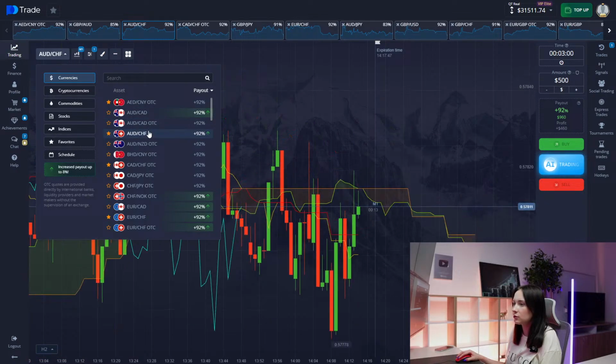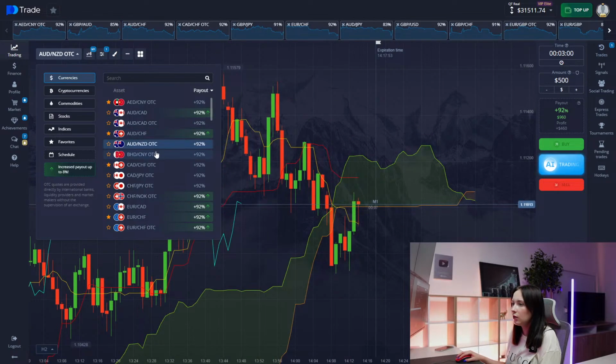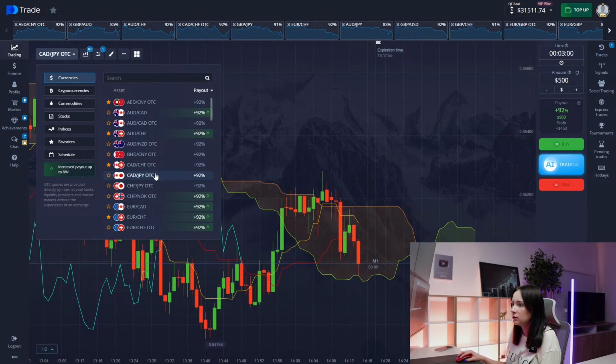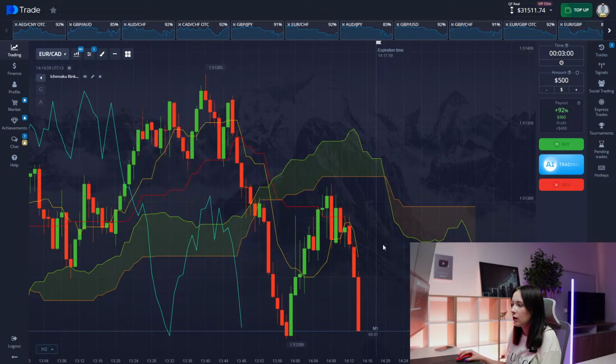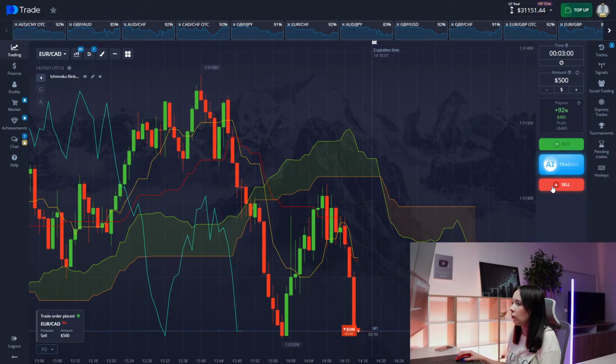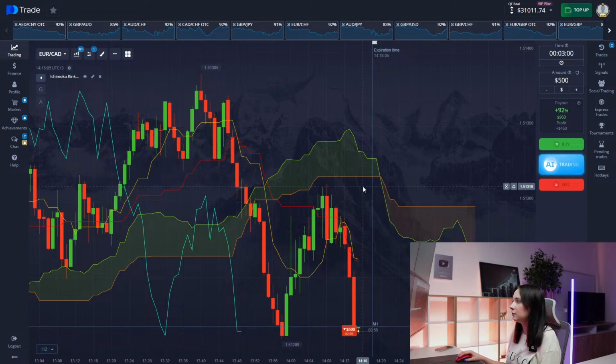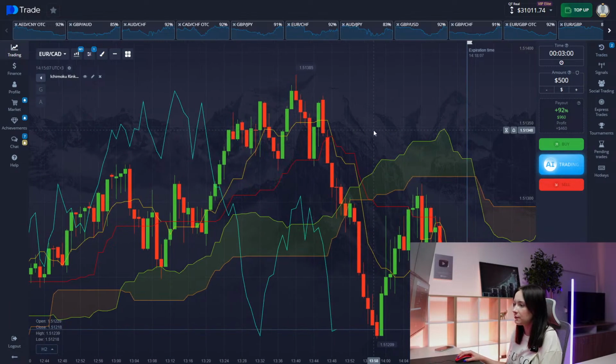So I'm still wanting to find an appropriate currency pair chart. Okay, so I am looking. Well, this one is good. I can actually open a sell position now very freely, and I really want to explain why.